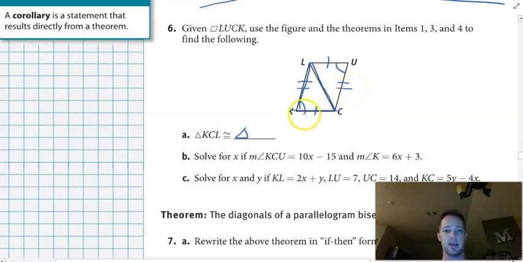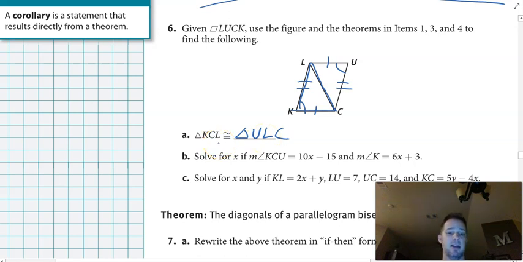So K does correspond to U. And then from there, it goes across the side with 1 tick mark on it right there. So that means from U, we're going to go across the side with 1 tick mark to L, C. So the order of that congruency statement is important. You can't just pick 3 random letters and throw them in there because each vertex has to correspond in the congruency statement.